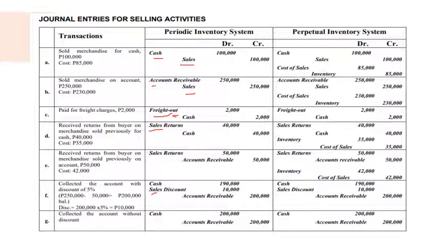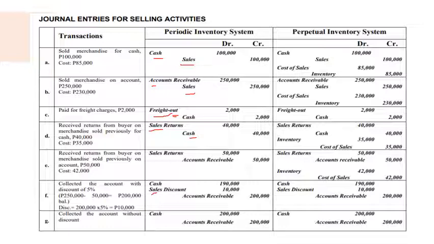So going back, since we are the seller, it should be freight out or transportation out, or it could be delivery expenses. And then if we receive returned goods from our customer or our buyer, that is a sales returns. So debit sales returns, and if the buyer previously paid for the goods, then we refund them with cash.